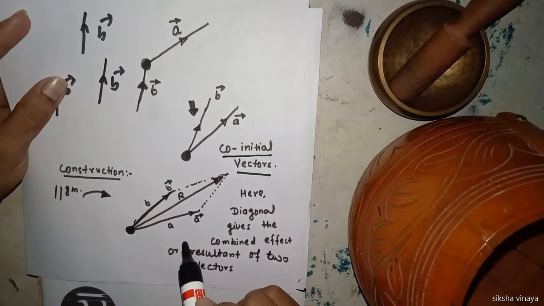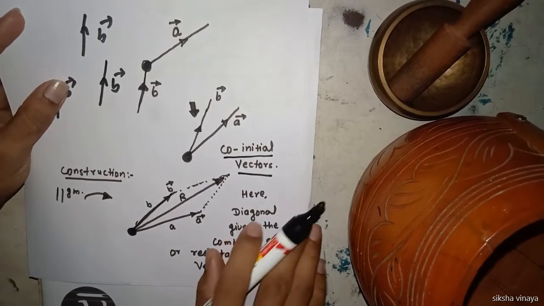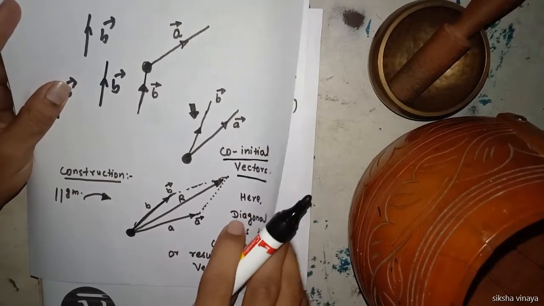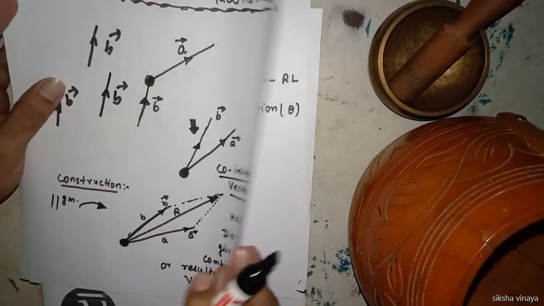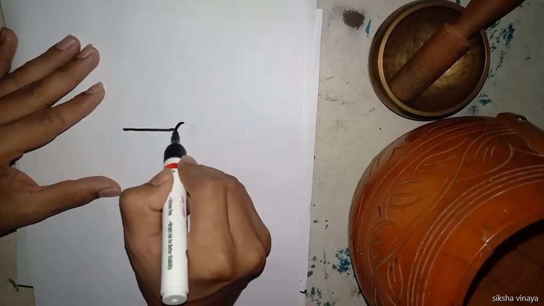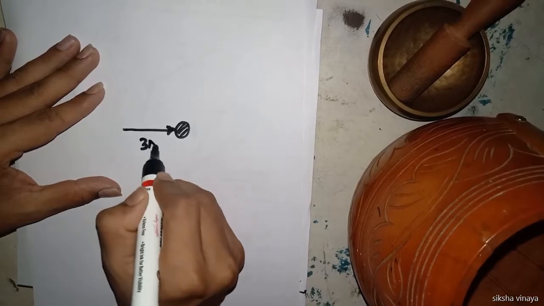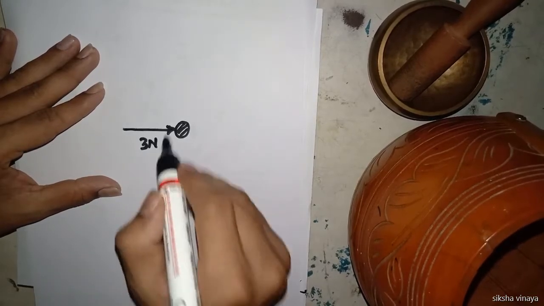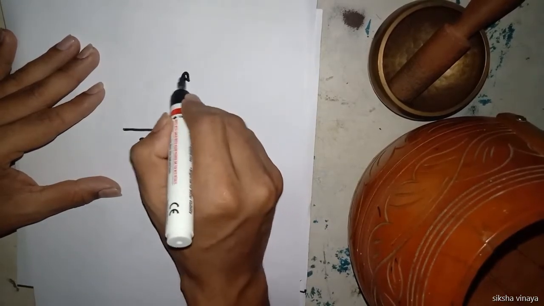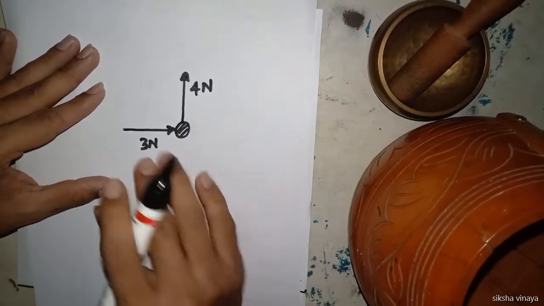It is strange, or perhaps you didn't understand it. Yes or no? So for your understanding, I am giving you an example you can be familiar with. Here, let us say a boy kicks a ball with 3 Newton and another boy kicks the ball with 4 Newton.